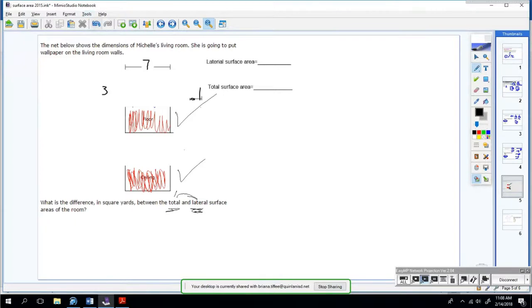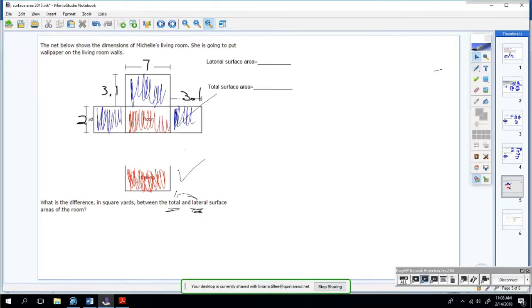So now let's actually do that. I'm going to have to delete some of these. So there we go. So the area, this is a 7 by 2. So base times height is 7 times 2, which is 14. So it means that this right here is 14.